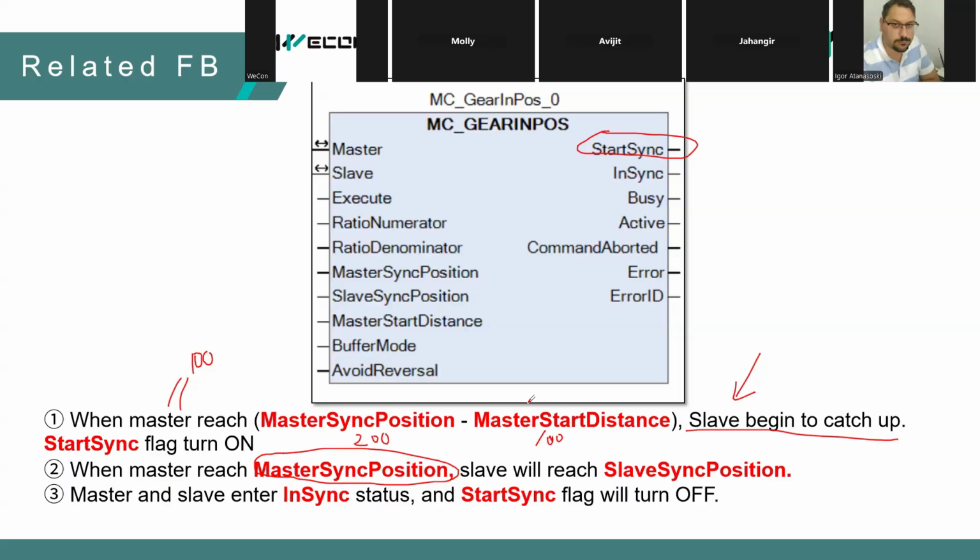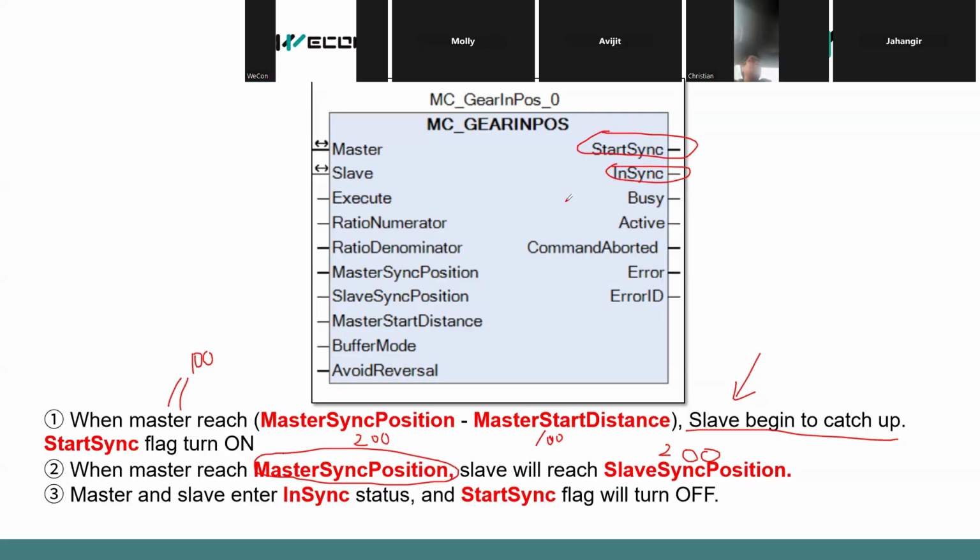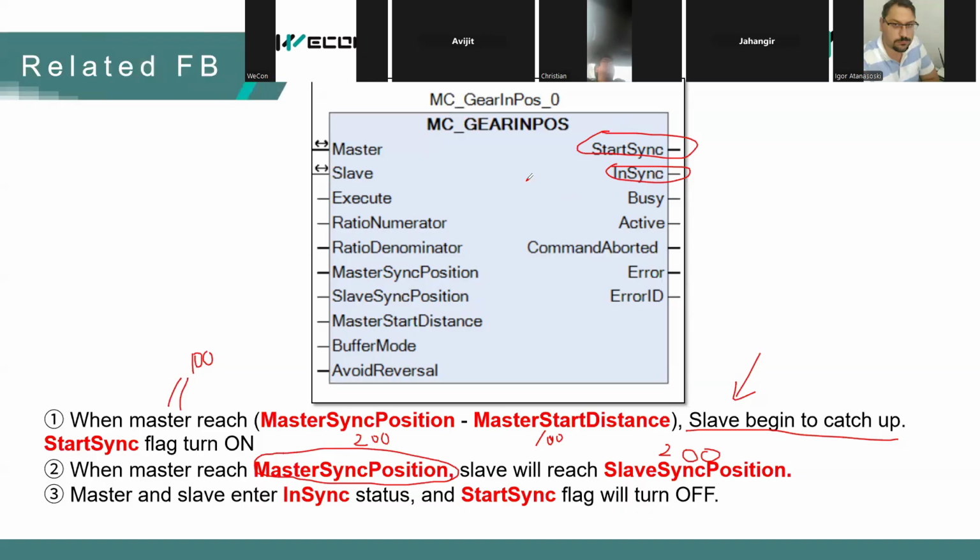If you want the master and the slave to enter the sync status at the same position, then you can set the slave sync position as 200, the same as the master sync position. So after step 2, the master and the slave will enter in sync status. The start sync flag will turn off, and in sync will turn on. And for the following movement, it will be the same as gear in.